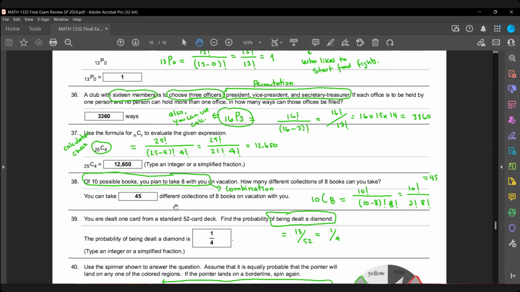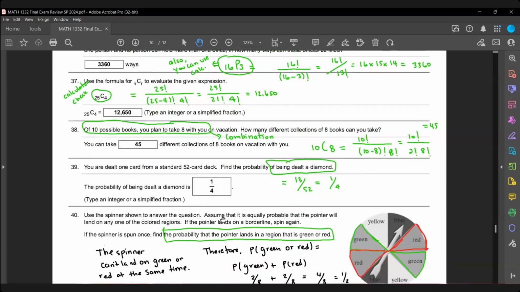This must be a combination of 10 books, and we are only taking 8 at a time. This can be done with the calculator. Here is the math behind it. The result will be 45. We'll check with the calculator.